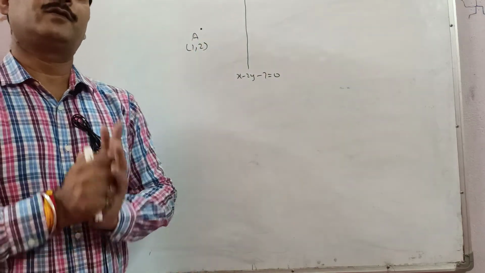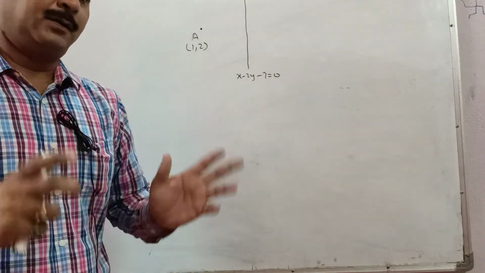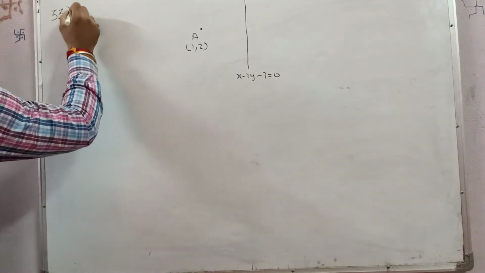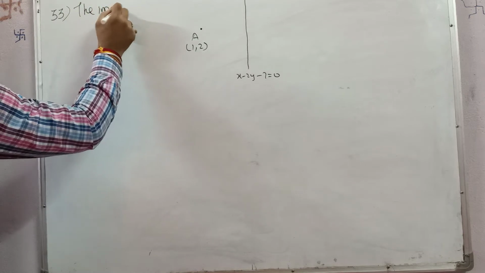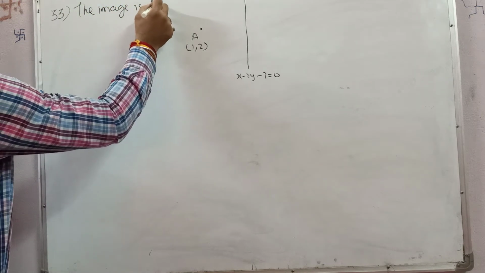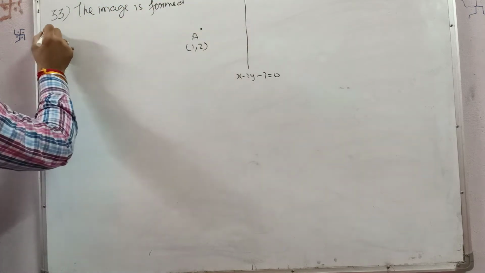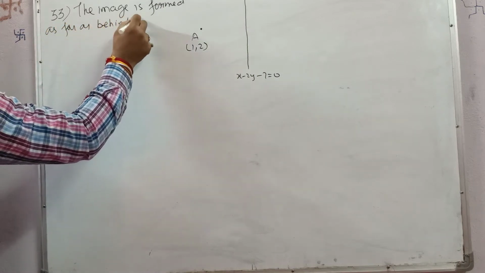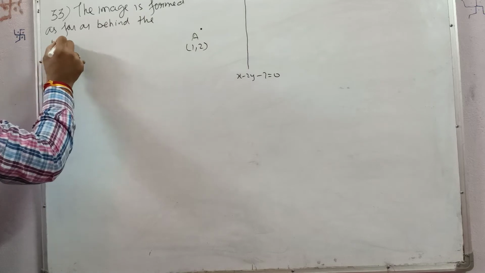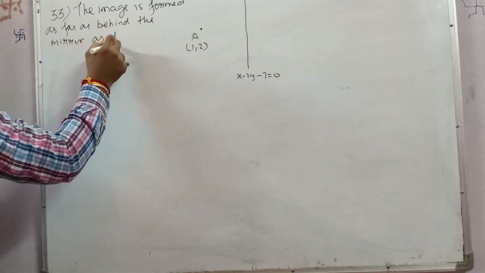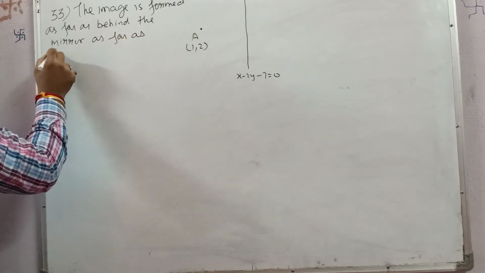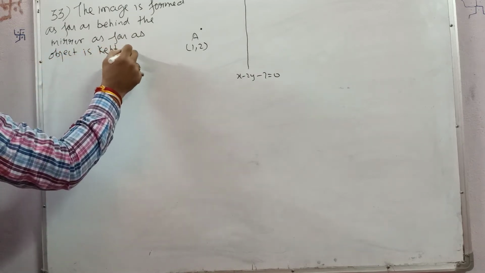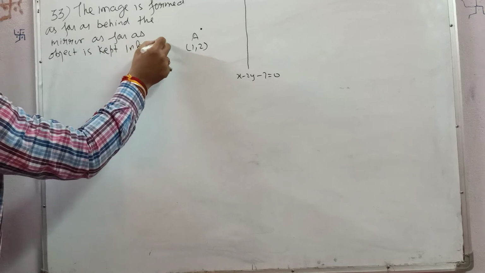Now, so as to solve this question, some physics is also required. As we all know, the image is formed as far behind the mirror as the object is kept in front of it.